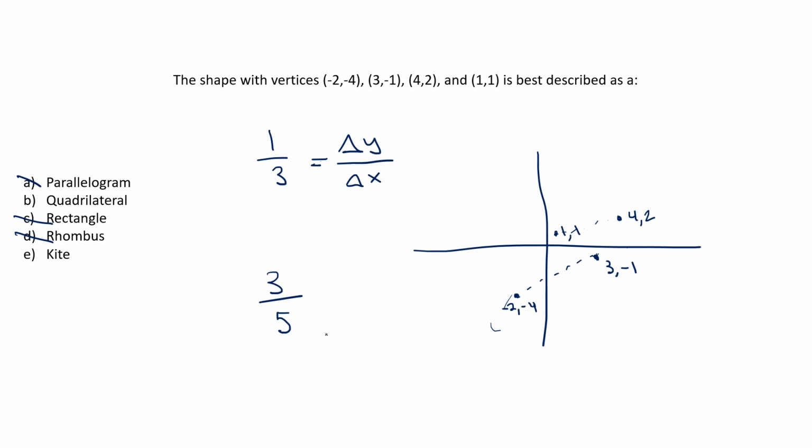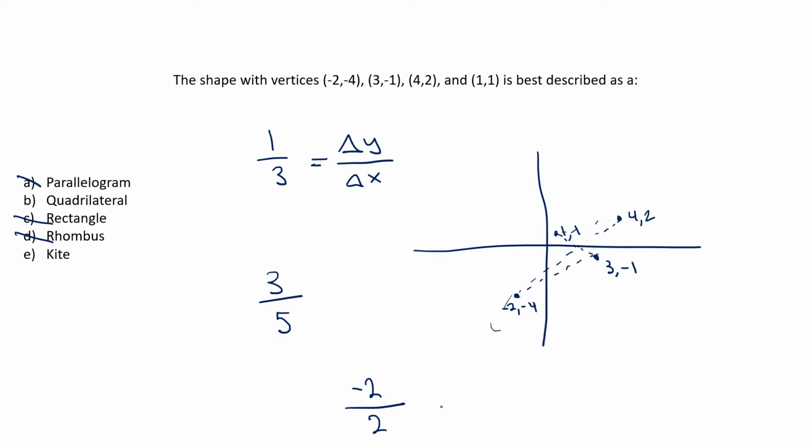And to do that, we check if the diagonals are perpendicular, right? So from 1, 1 to 3, negative 1, that slope, we're going down 2 from 1 to negative 1, so negative 2 over, we're going over positive 2.